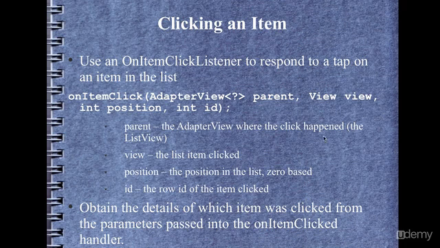And then we can obtain the details of what item was clicked from the parameters passed into this on-item click handler. So we use an on-item click listener to wrap an on-item click handler. Remember that for the quiz. Hint, hint, hint.